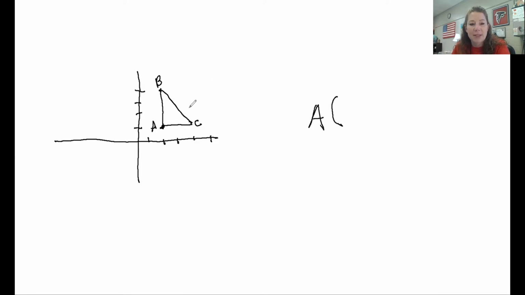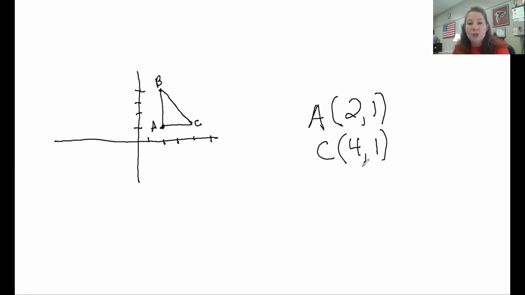All right, that's maybe a little better. So this point right here, if I go from the origin, right 2 up 1, I find A. So that means the coordinate is 2, 1. And then we'll look at point C. C is at 4, 1. We're not going to write down B, but you see it up there.